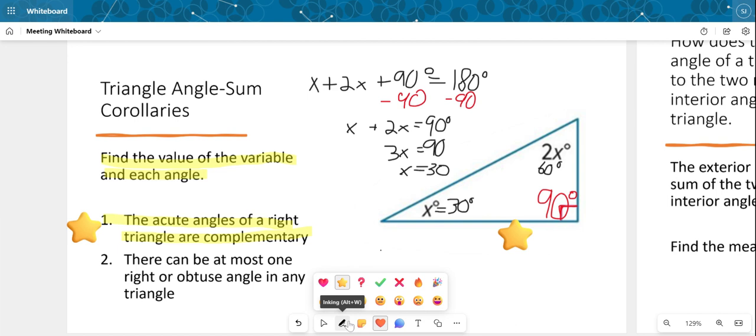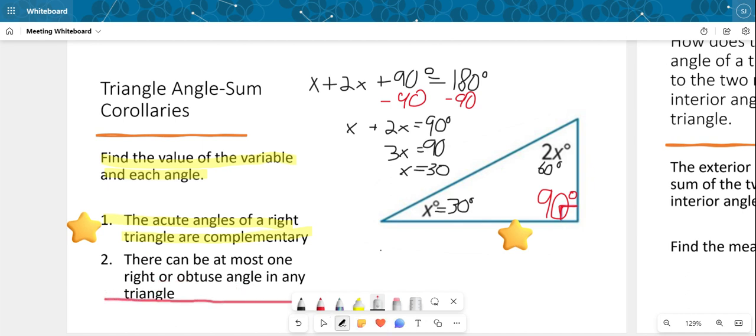One other small fact we just want to make sure we remember is that there can be at most one right angle or one obtuse angle in any triangle. We can't have more than one right angle. We can't have more than one obtuse angle.